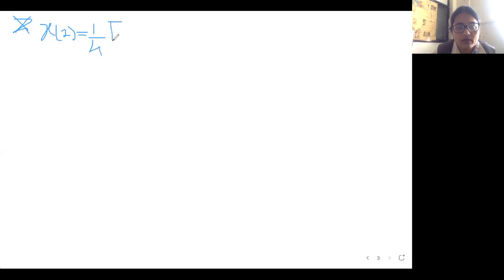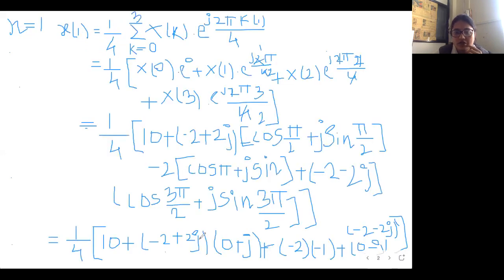multiplied by, in the bracket, the first value is 10, plus, into the bracket, minus 2 plus 2j multiplied by j.